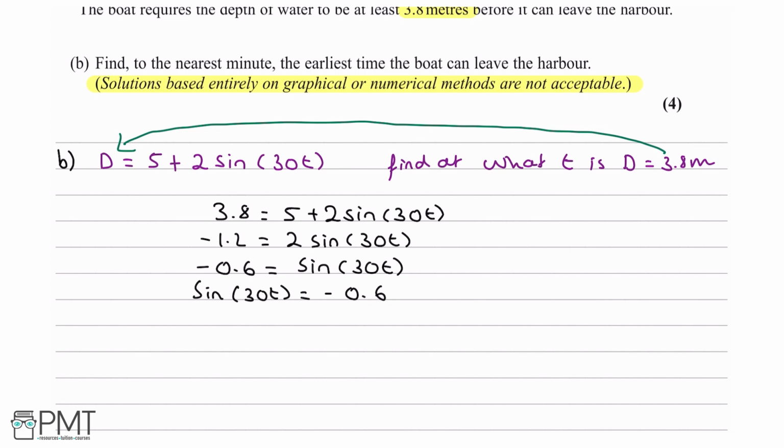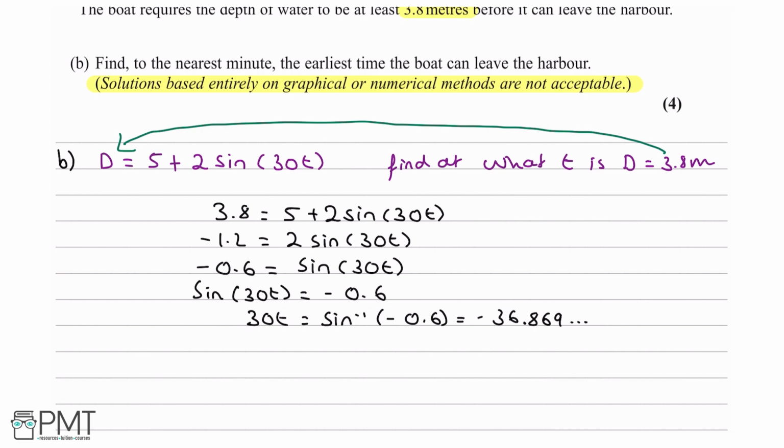And I'm going to take the inverse sine. So 30t is going to be the inverse sine of minus 0.6. And if I check on my calculator, this equals minus 36.869, etc. Now, the problem here is we have an expression for 30t, and that means 30 times our period of time.